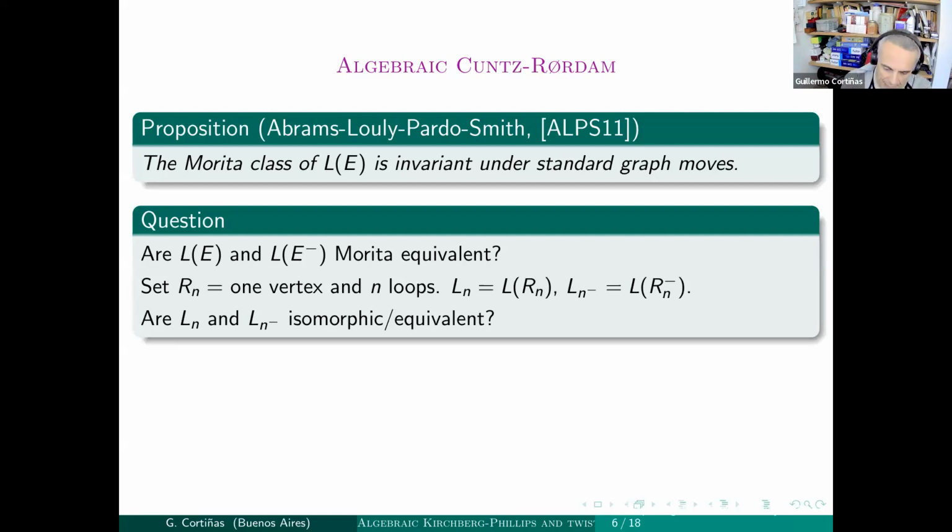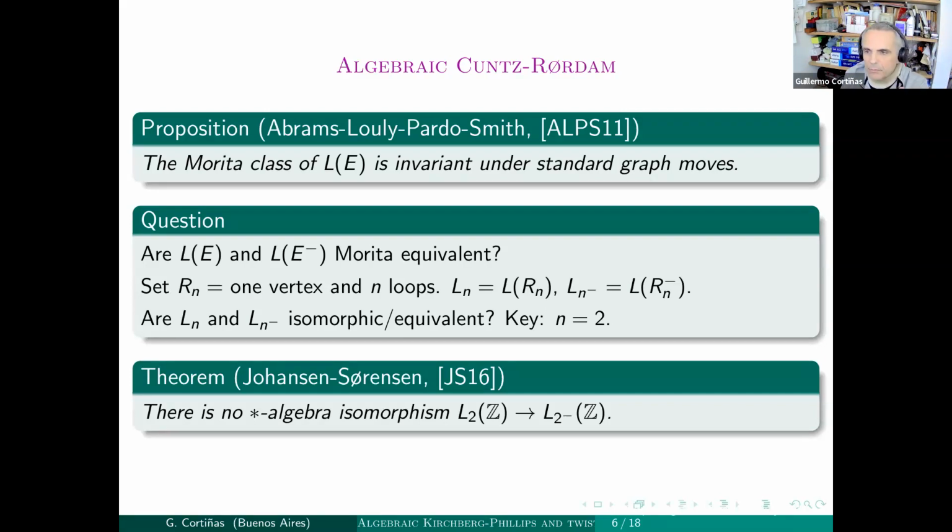So if the algebraic analog of the Kirchberg-Phillips theorem or the Cuntz-Jordan theorem were true, then one would necessarily have L2 and L2 minus being isomorphic. So L2 and L2 minus, if this is going to work, should be isomorphic.